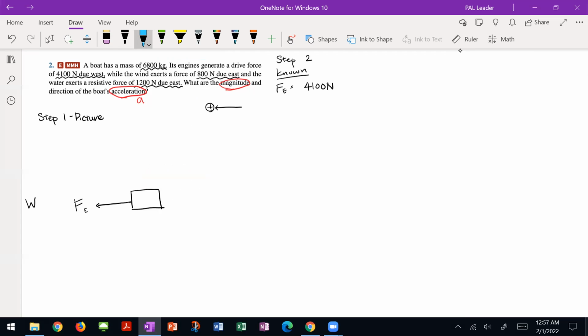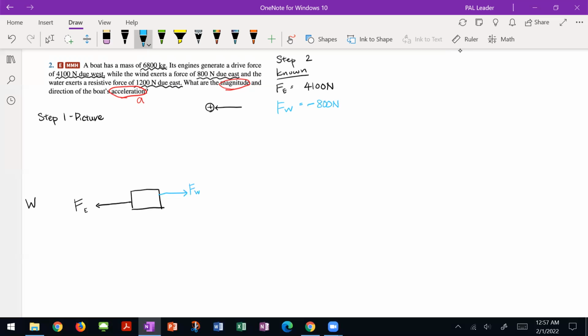It's going east, so the other way, right? This is going to be the force of the wind, Fw. Fw is 800, but we want to be careful. It's going right, and if left is positive, right is going to be negative 800 newtons.